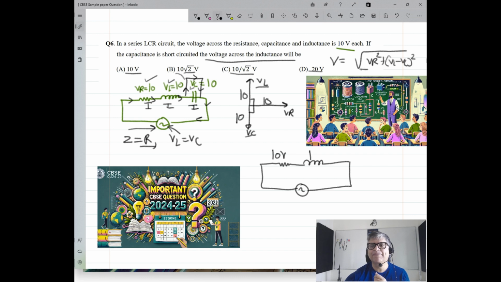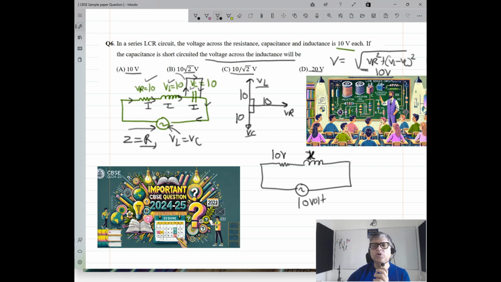So I was applying a voltage of only 10 volts, because VC and VL have cancelled each other. So this is 10 volts, and we have to find the voltage across this. What is the total voltage available here?